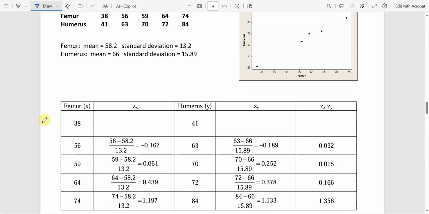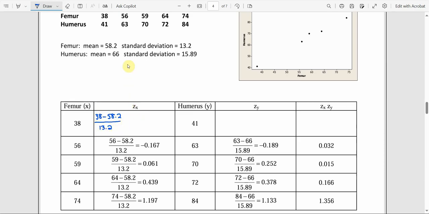because the other boxes are all filled in here. So for that first Archaeopteryx, the small one, so the z-score for x, which is the femur, so we would have 38 minus 58.2 over 13.2 for the standard deviation, right? So this is just a z-score, right? You got your observed value, the 38, right?